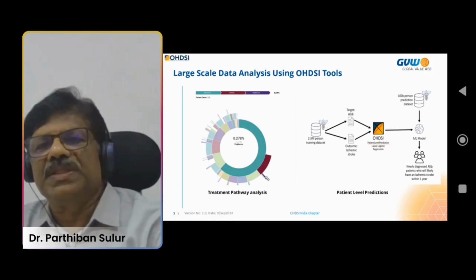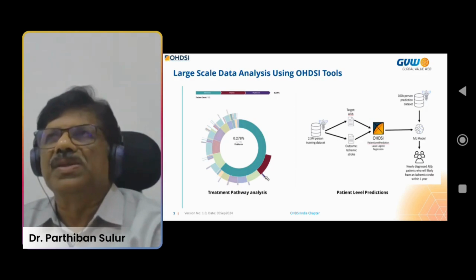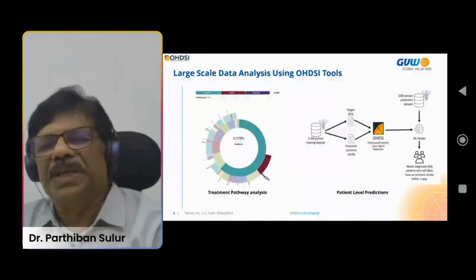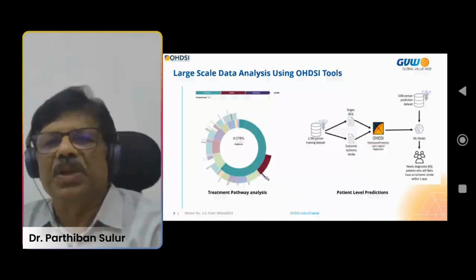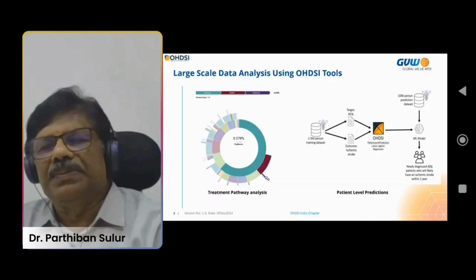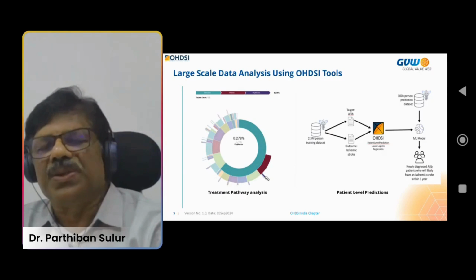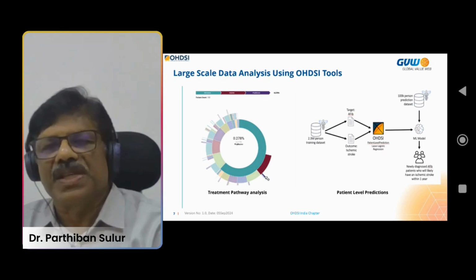Also, this is a prediction model for patients' chances of getting ischemic stroke, built with 3 million patient data records using the Odyssey tools. These case studies are available on the Odyssey website, so anyone interested can go through that research as well.